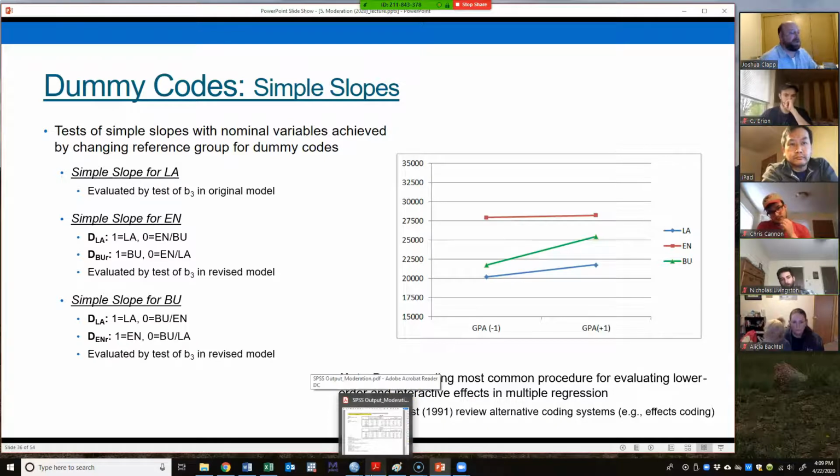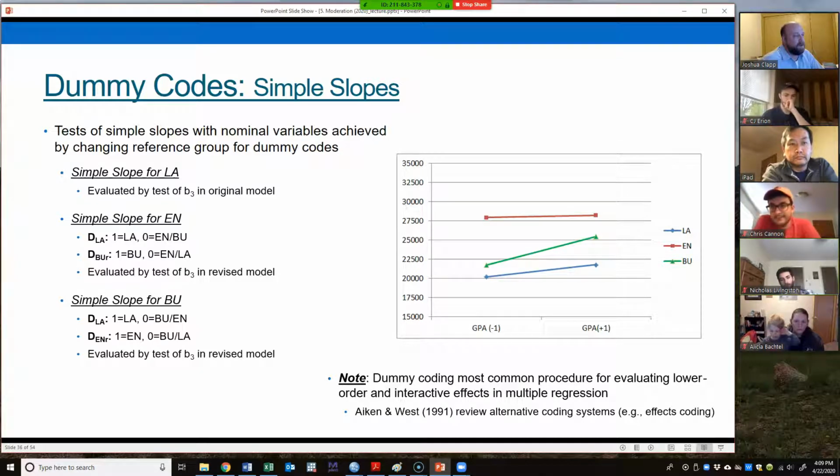And if we know about how these things work out, people aren't systematically getting engineering degrees with 4.0s. It's not to say it never happens, but that's just not an expectation of those courses. Super intense, and you just have to get through them, right? Liberal arts, sort of different stuff. Looks like, at least in these data, business maybe has the strongest relation between GPA and starting salary, but it looks like we're seeing differences in the unique effect of GPA on starting salary across these different groups. Okay.